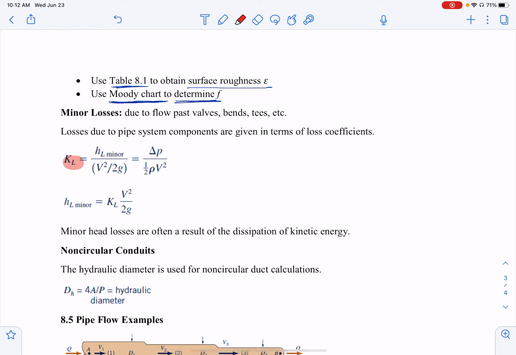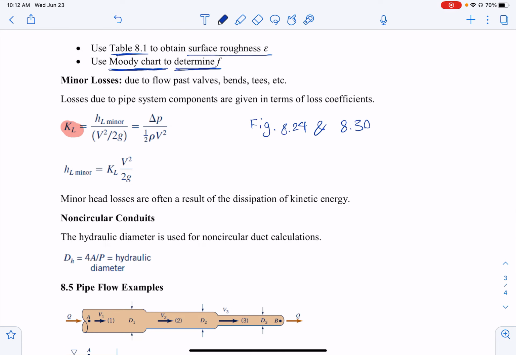This KL right here we are going to name the loss coefficient K, which is strongly dependent on the geometry of the pipe. And if we want to get the value of it, we need to take a look at figure 8.24 and figure 8.30. These are the figures that we use for getting the value of KL.